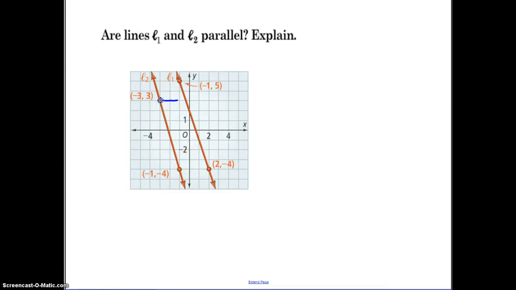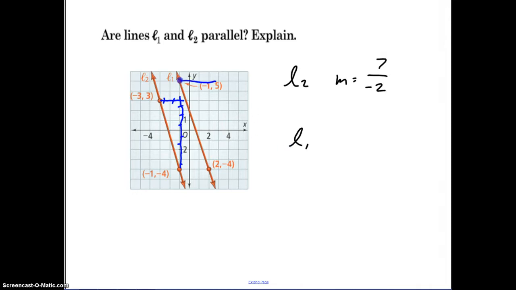Let's count my rise: 1, 2, 3, 4, 5, 6, 7. So for line 2, my slope, we rise 7, and we run 2 to the left, so that is -2.